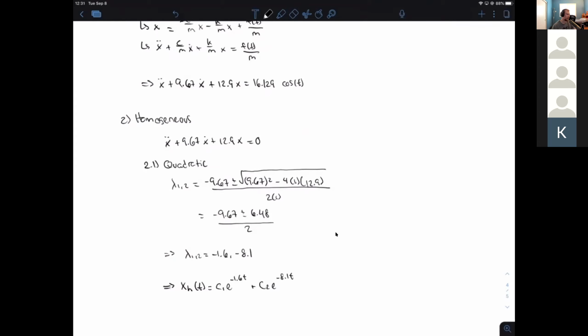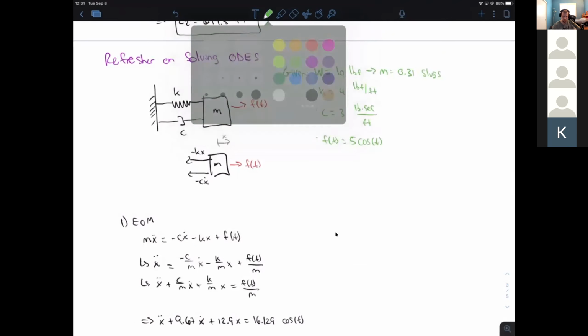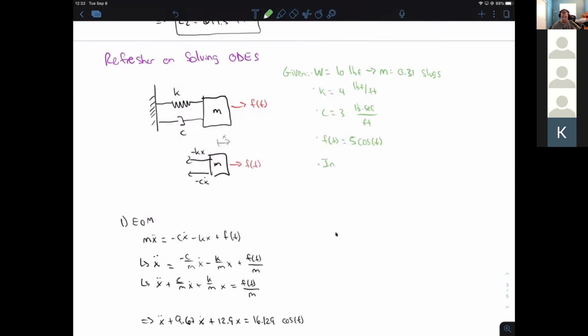I should have given an initial condition, so I'm going to go back up here and write that down. Okay, so our initial condition is x of 0 equals 0 at time t equals 0, or really just our system is at rest at time t equals 0.